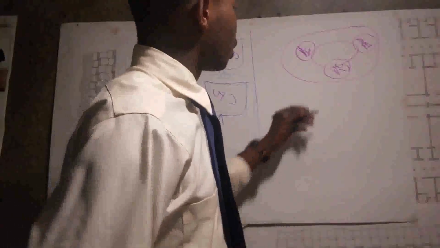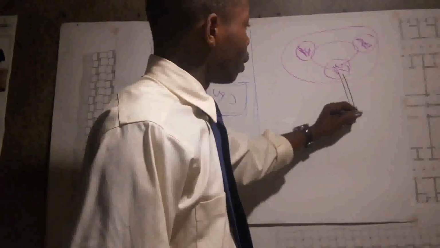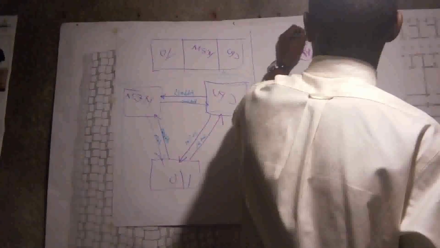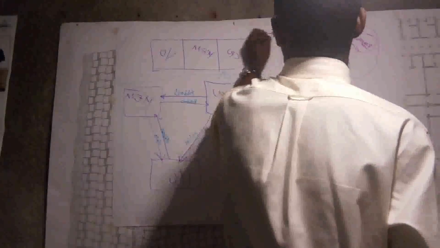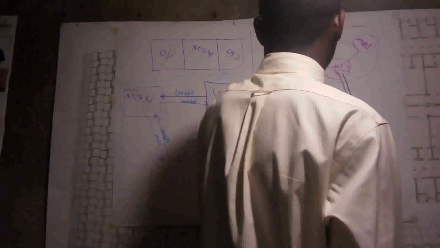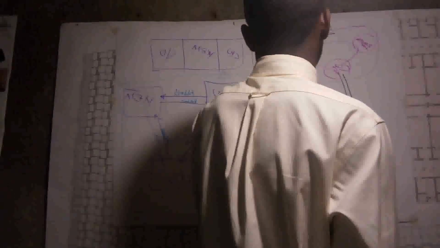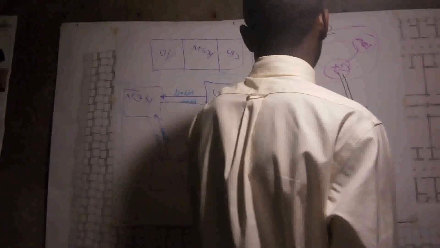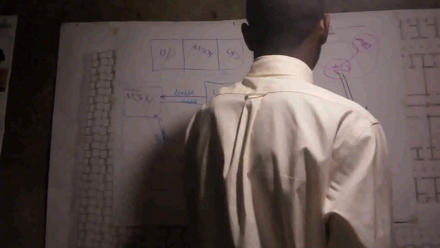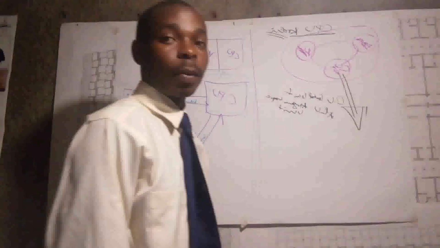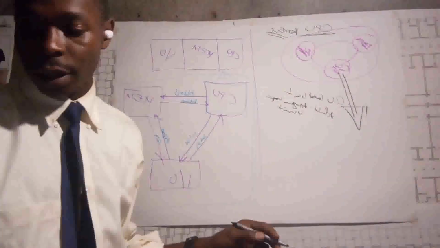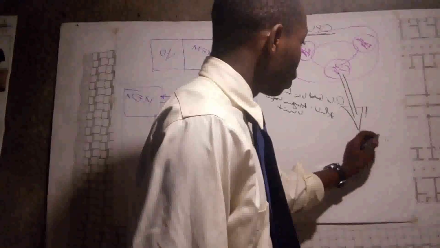This is our CPU architecture. CU stands for control unit. ALU stands for arithmetic logic unit.